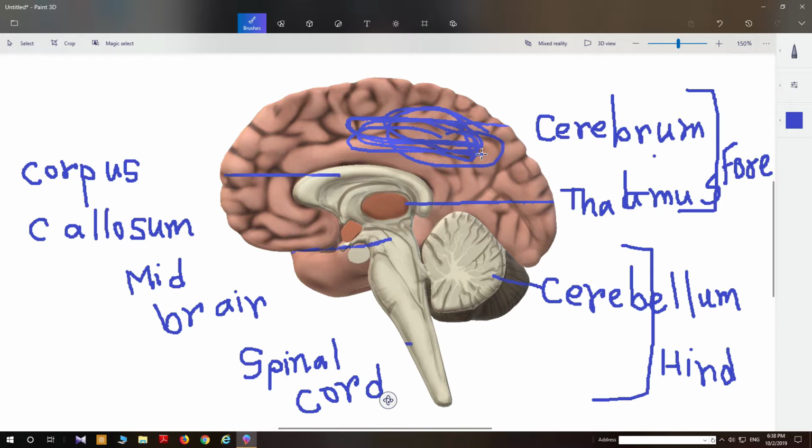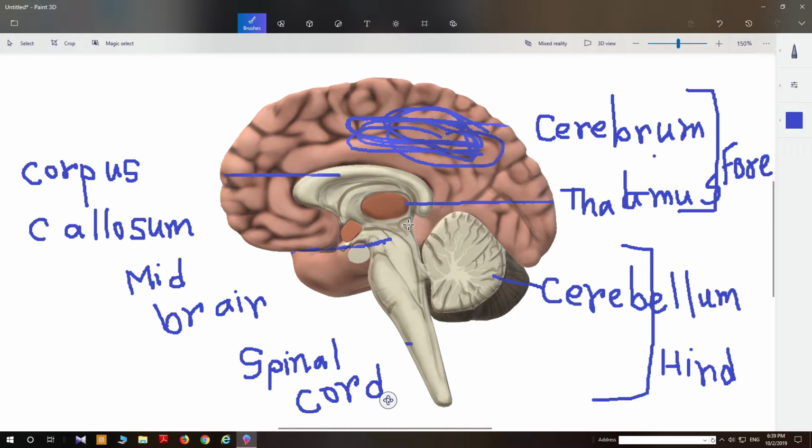All right, and the midbrain, this part. So this is the midbrain area. It is the upper part of the hindbrain, a bridge between the forebrain and hindbrain, in the middle area.